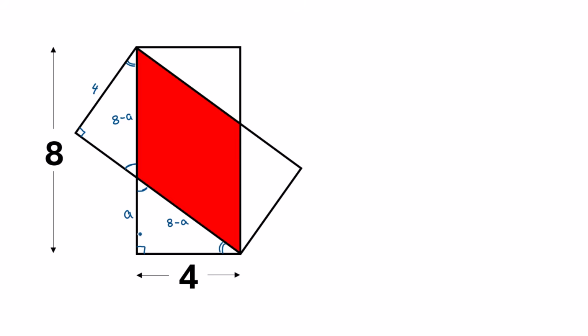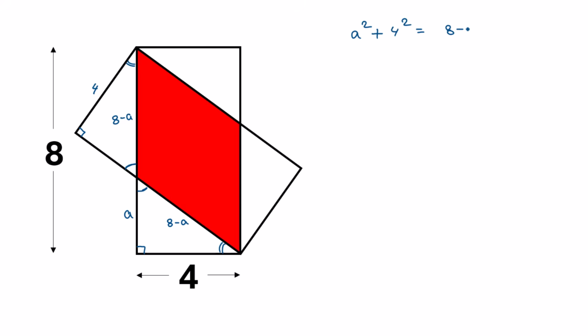Now applying Pythagoras theorem to this triangle, we will have this as height. So height a square plus this is base, so base square 4 square is equal to this length as hypotenuse, which is 8 minus a.